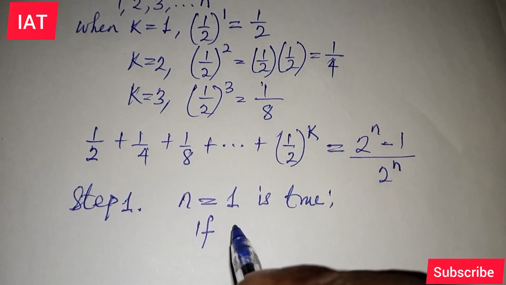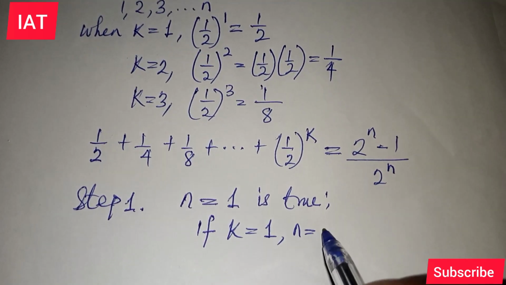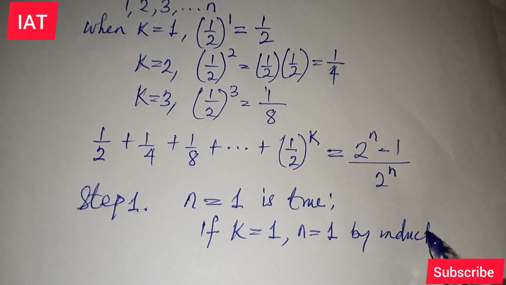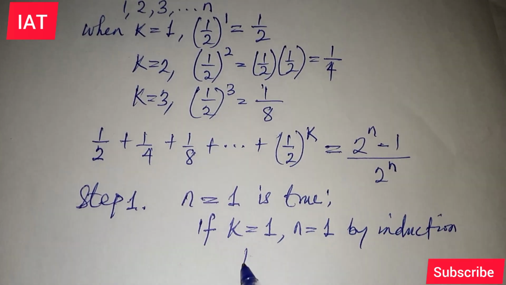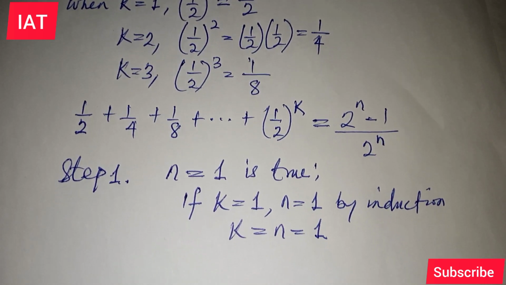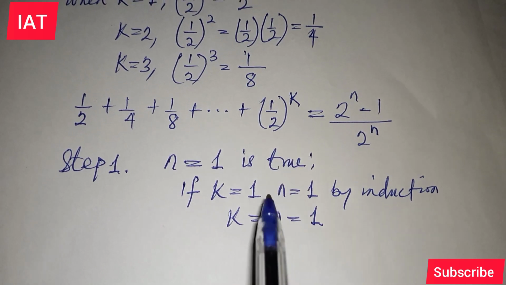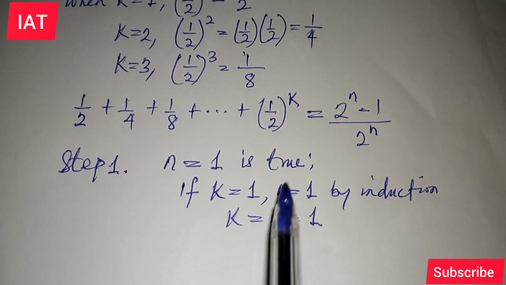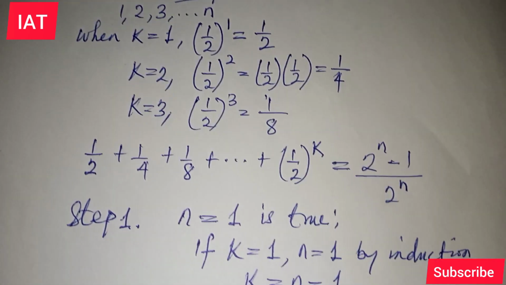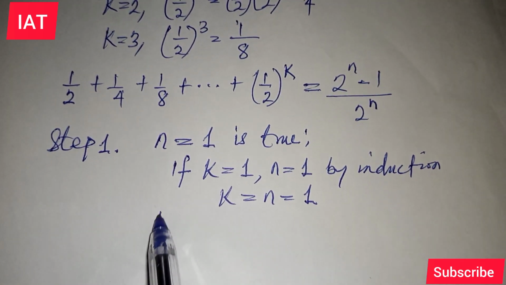If k is equal to 1, and here you are now having n equal to 1, then by induction it means that k will be equal to n, which is equal to 1. What this literally means is that wherever you see n, you can put 1. Whenever you see k, you can put 1, because of this statement we just made, and that is built upon this foundation.